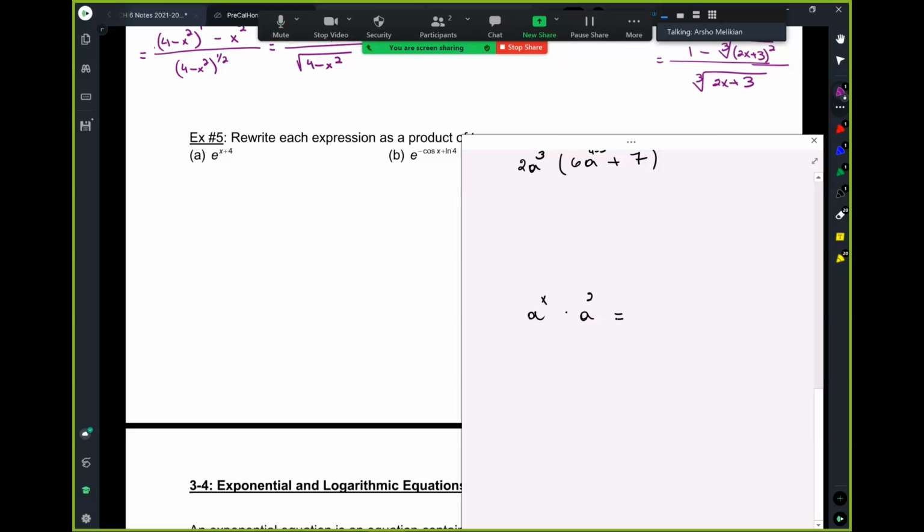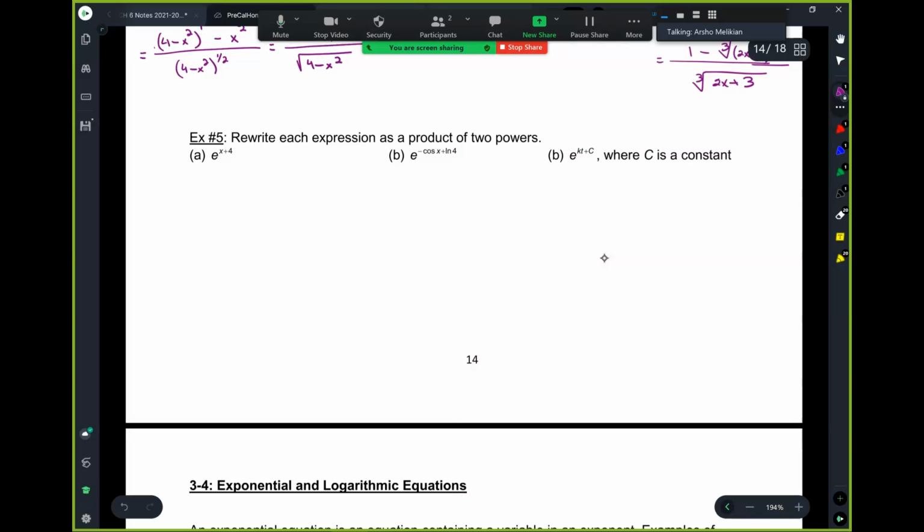X plus 2, right? A to the x plus 2. Now, if you were given this and asked to go this way and sort of decompose it, would you be able to? You've never been asked to, but if you were, you would be able to, yeah? That's what we're going to do right now.